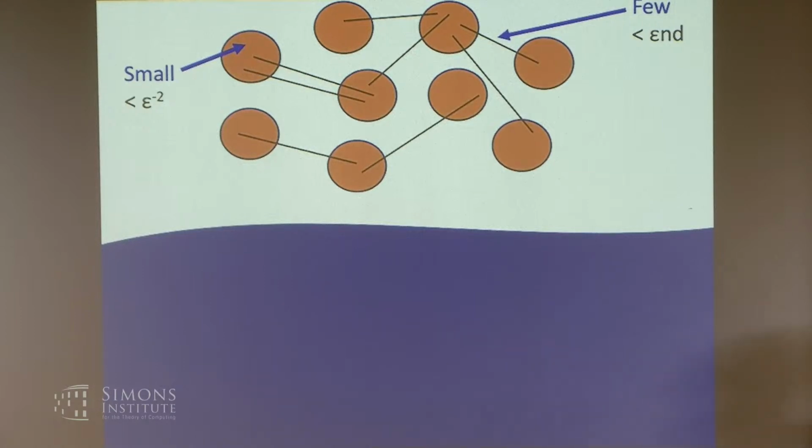You produce singleton vertices, and all the edges go between these components. What I'm saying is that you can afford to fatten up your pieces a teeny tiny bit. You can afford to have their size be 1 over epsilon squared, and you will lose very few edges that run between these pieces. These decompositions go by the name hyperfinite decompositions, and they are obtained by recursively using the planar separator theorem.